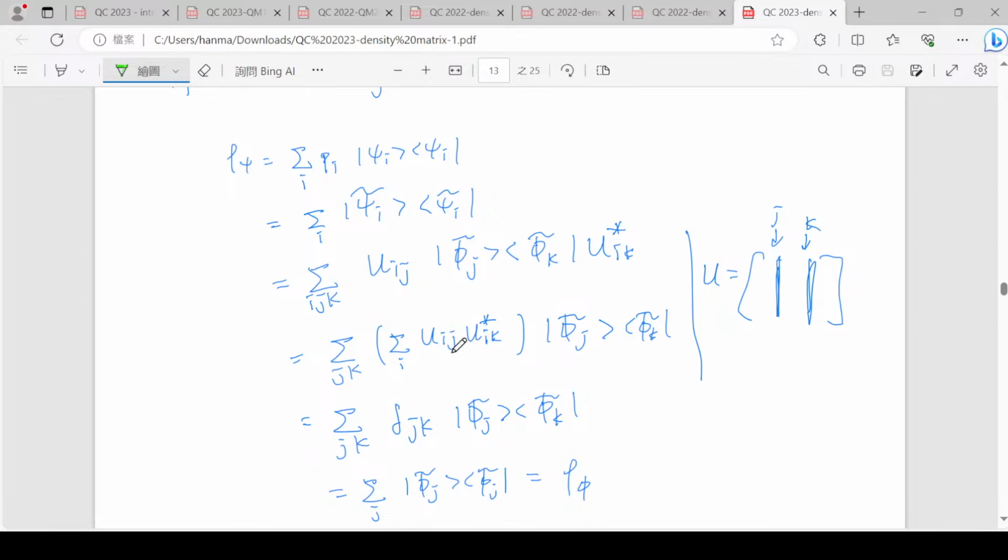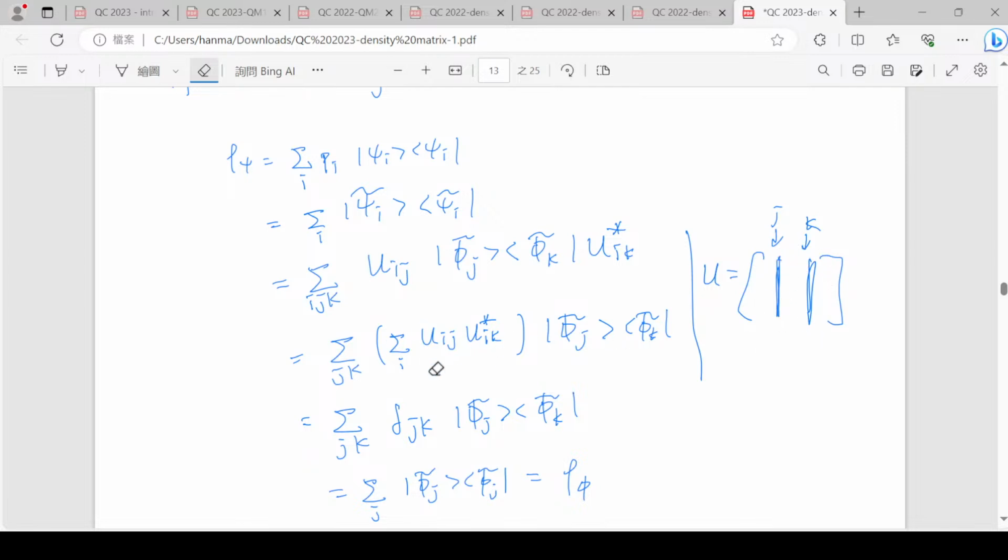If you are fixing some j and k, u_ij and u_ik are elements of the jth column of u and the element of the kth column of u. When you do this summation over i, you are going through the elements and multiplying them together with the complex conjugate, so you are actually doing the inner product between those two columns.